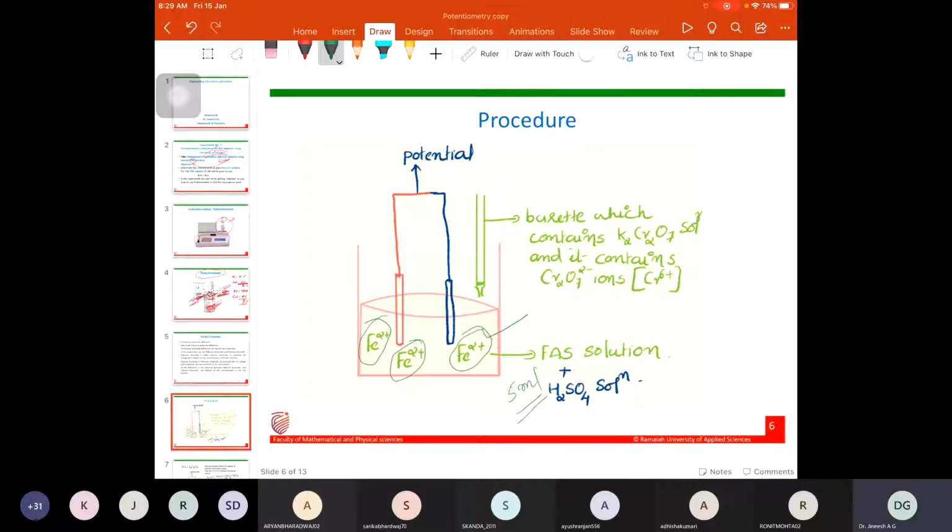In that redox reaction, potassium dichromate acts as oxidizing agent. But potassium dichromate can act as a good oxidizing agent only in acidic condition. So to make the solution acidic, we have added sulfuric acid. Now you understood why we have added 5 ml of sulfuric acid solution to the ferrous ammonium sulfate solution. Clear?